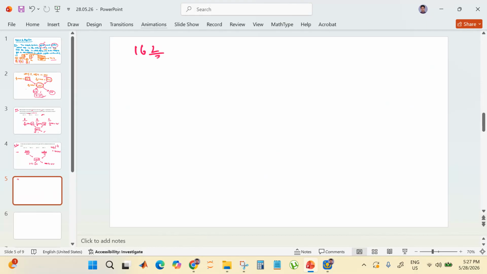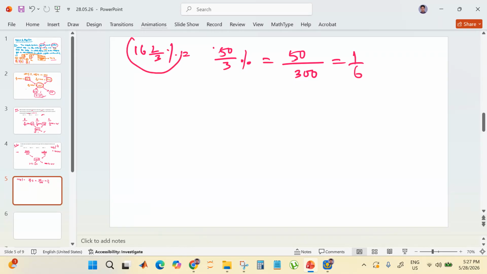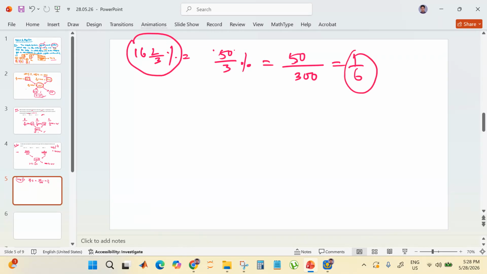Recapitulate this part: 2 by 3% means 48 plus 2, 50 by 3%. That means 50 by 300. If you divide by 100 instead of taking the percentage sign, it should be 1 by 6 in ratio. So it is in percentage, it is in ratio. Remember this type of conversion.